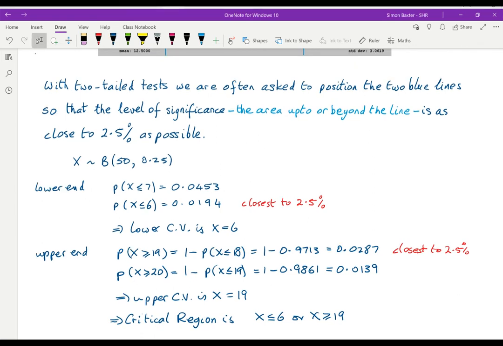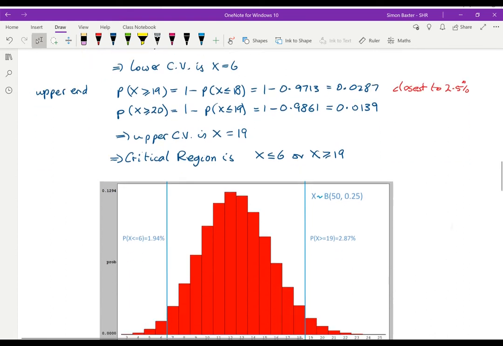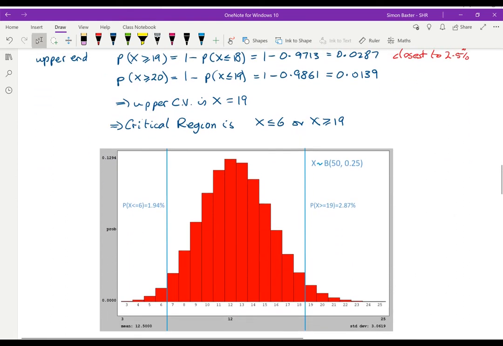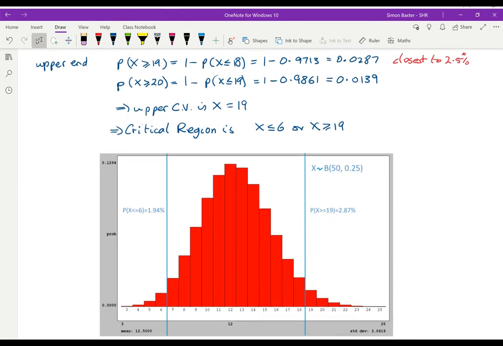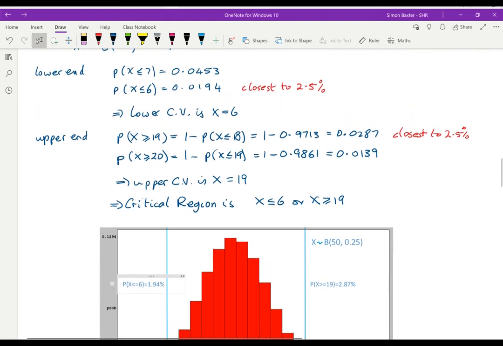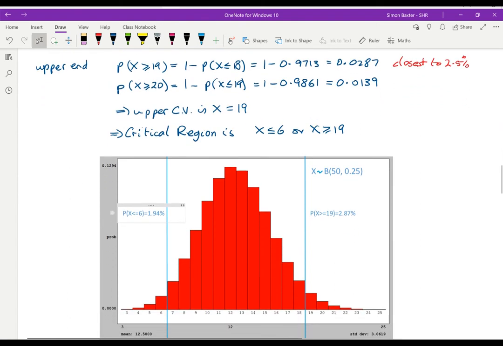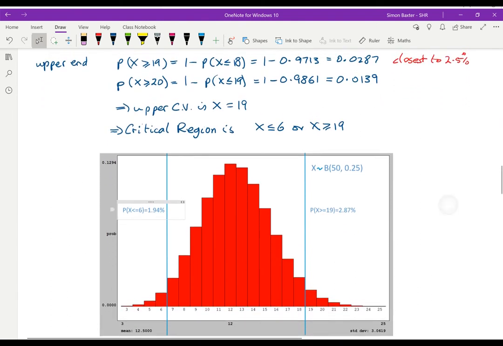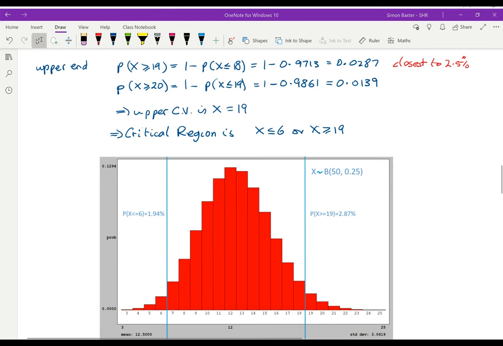And we can see this on the graph there. We have the probability X is less than or equal to 6 is 0.0194. That's just gone over the top of the page, 0.0194. And the probability that X is greater than or equal to 19 is 0.0287.